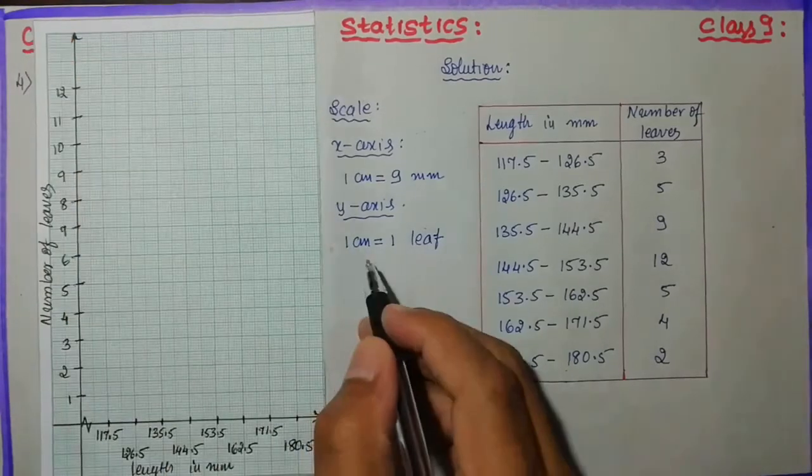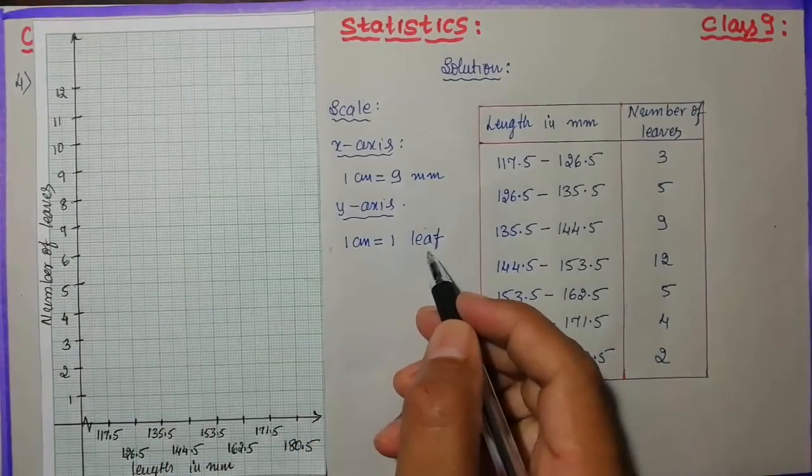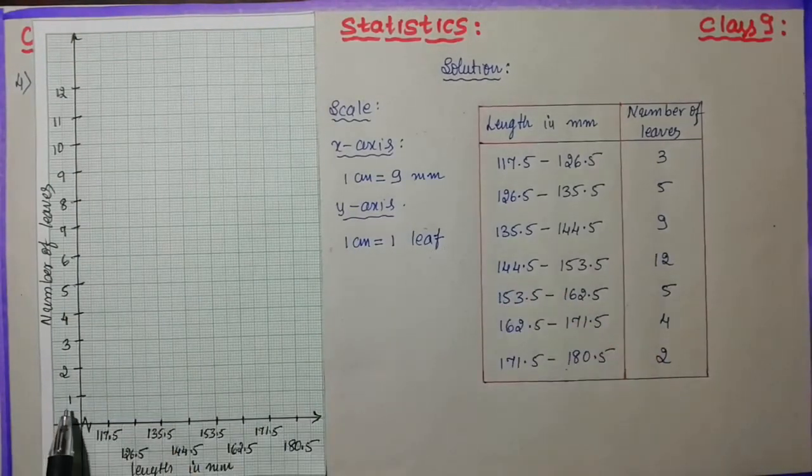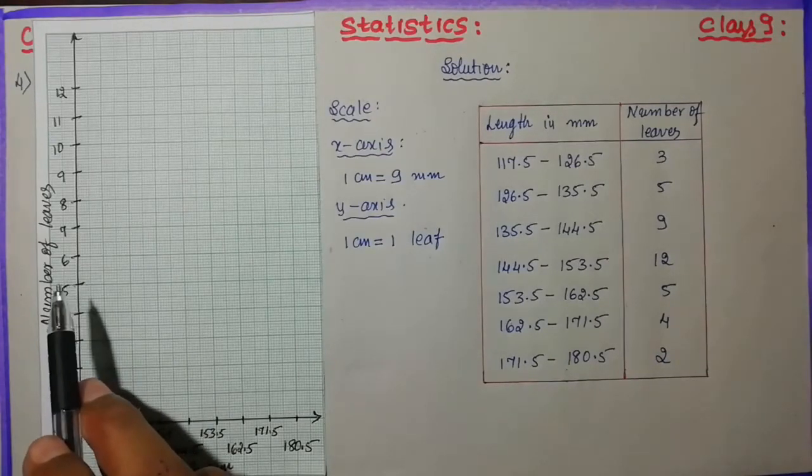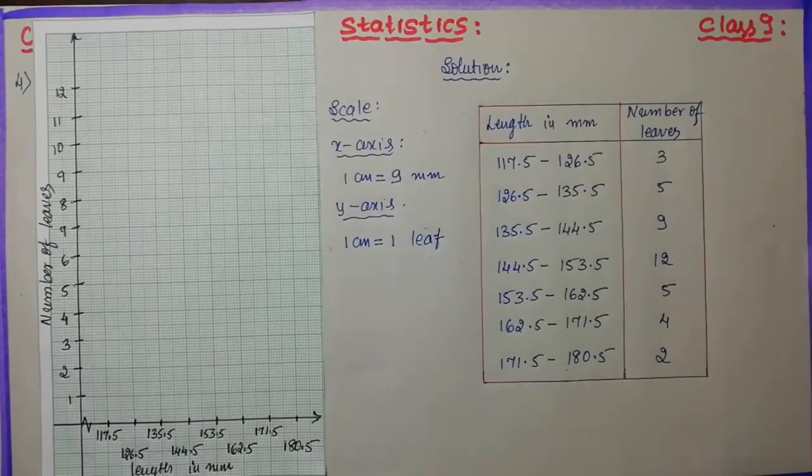If you want to take 1 centimeter is equal to 2 leaves, then you need to write 2, 4, 6, 8, 10, 12, 14, 16 like that. You can also use that scale.